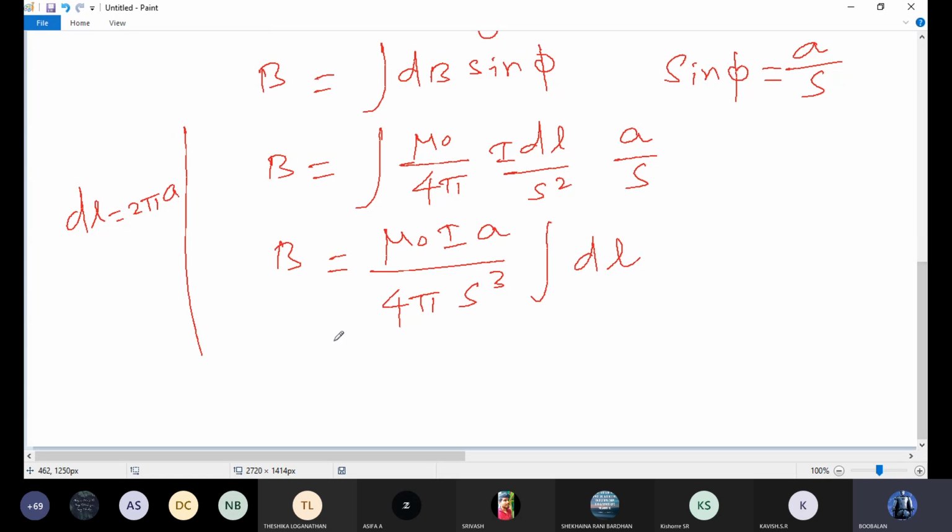Just apply it: B equals mu naught I a divided by 4 pi S power 3 into 2 pi a. So the integral of dl is the circumference.